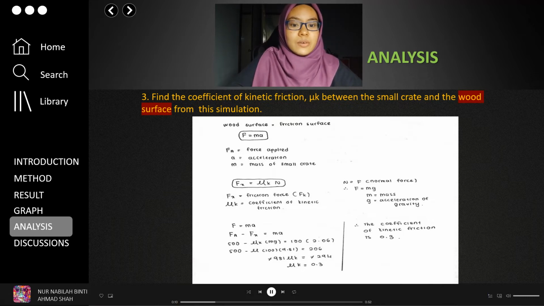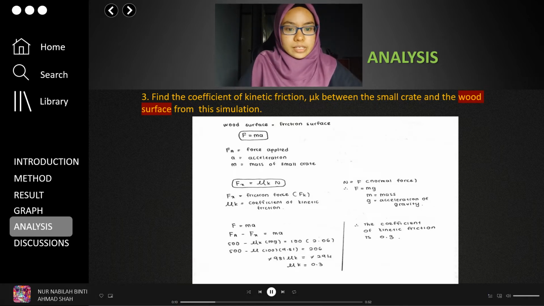So at the bottom, I write Fa minus Fx equals ma, right? Fx we can find as mu k multiplied by N. N is the normal force, and the formula is N equals mg, where m is mass and g is the acceleration of gravity.